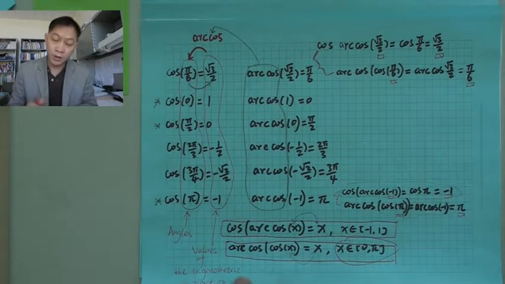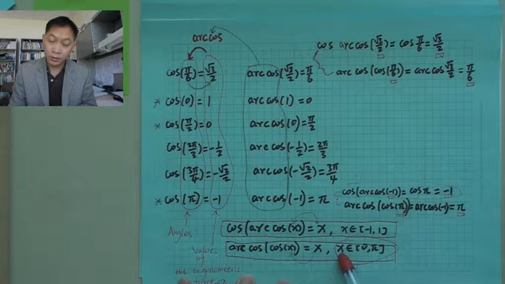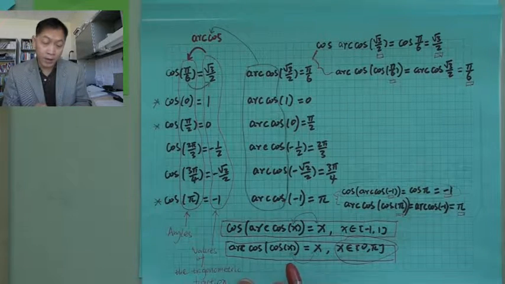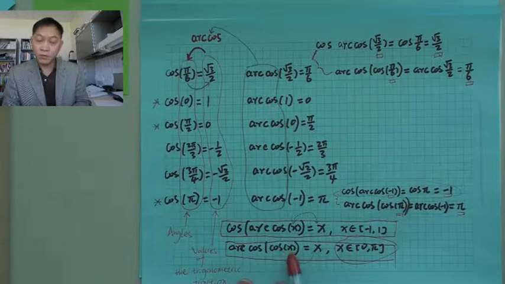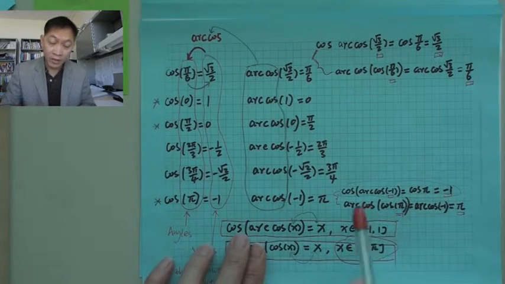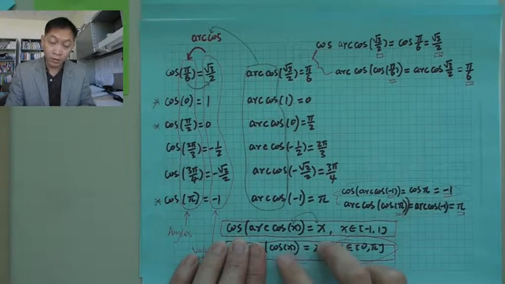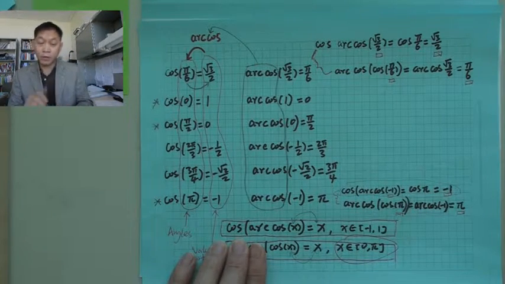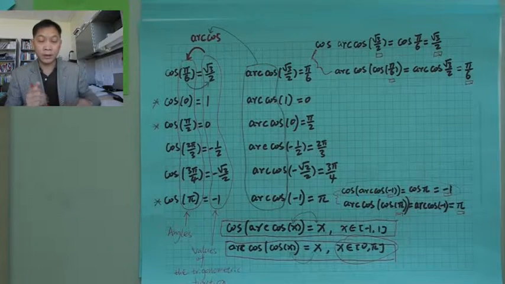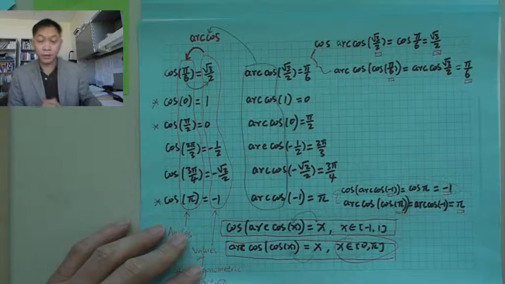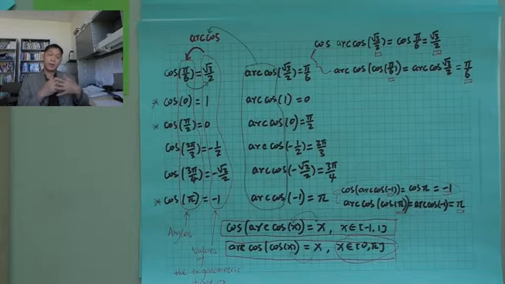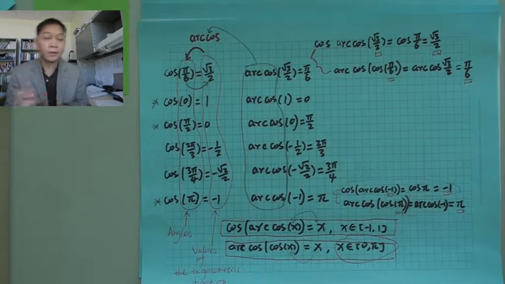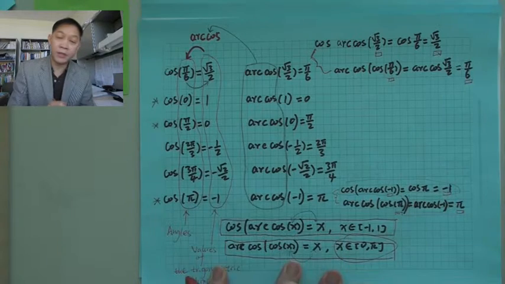Remember here x must be from 0 to pi. If x is not from 0 to pi, it makes sense here, because cosine x takes every real number. We'll have examples later on. But here is the identity I want to emphasize. This is the second thing besides the graph of arc cosine from the basic values.